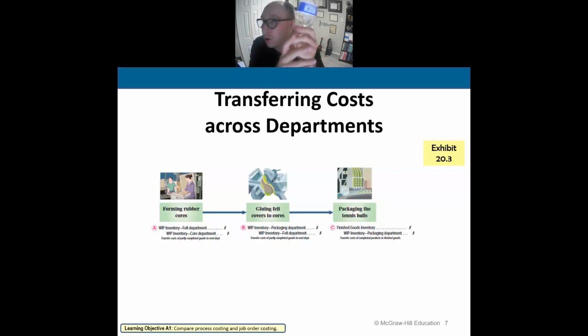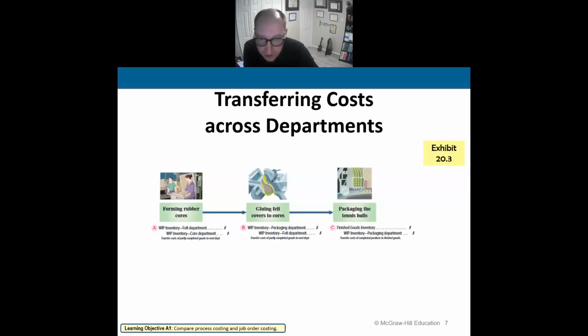Now, I need to follow the cost as it moves through those departments. I need to transfer the cost with that product as it moves through the departments. And I do that through a process we call transfer costs.